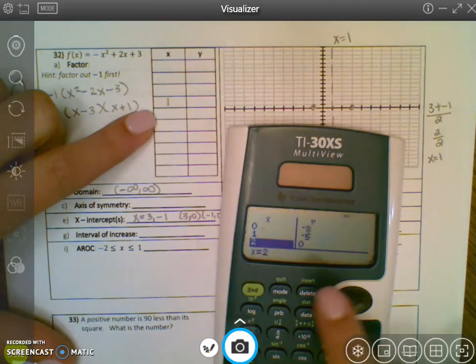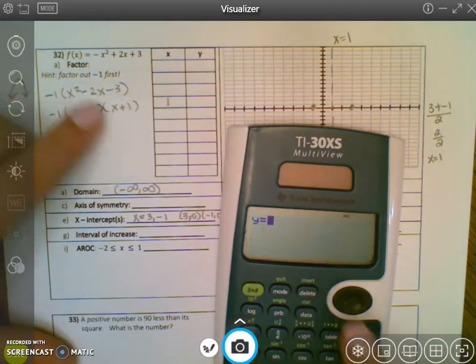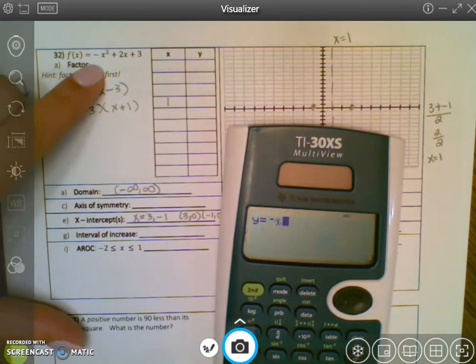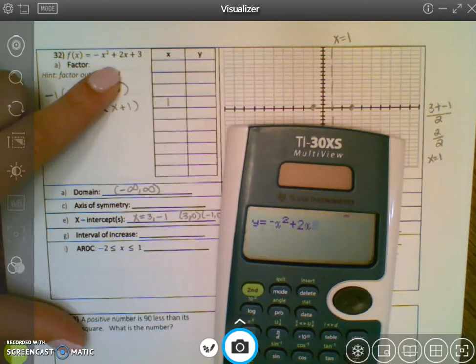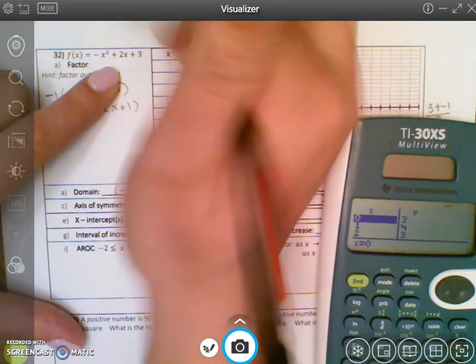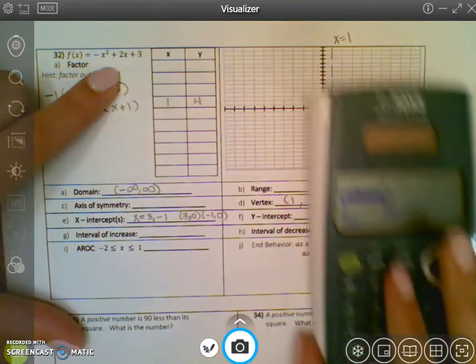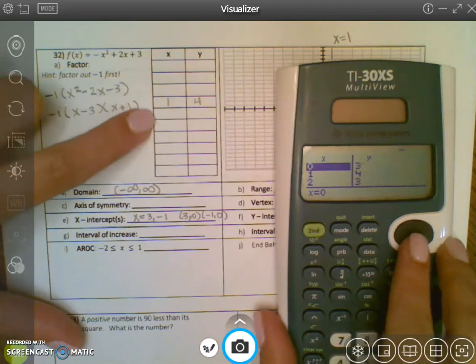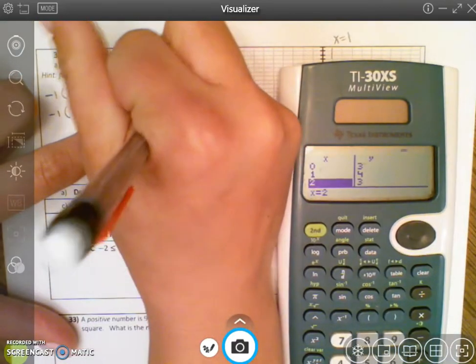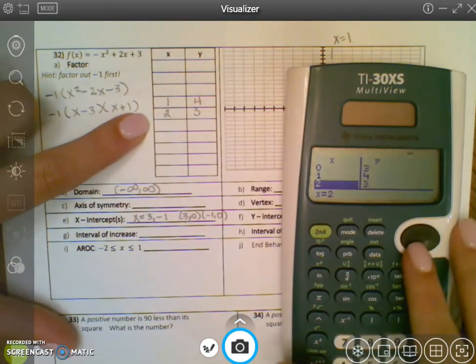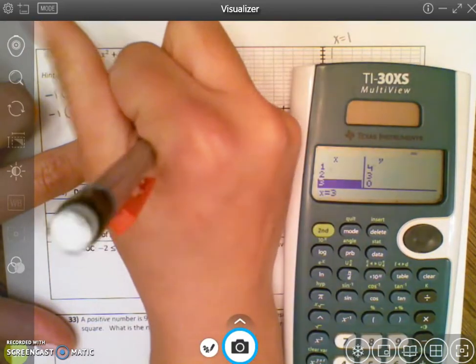Turn on table, delete, delete, negative x squared plus 2x plus 3. I need it at 1. 1 is 4. Okay, let's choose a couple points down. 2 is 3. 3 is 0.